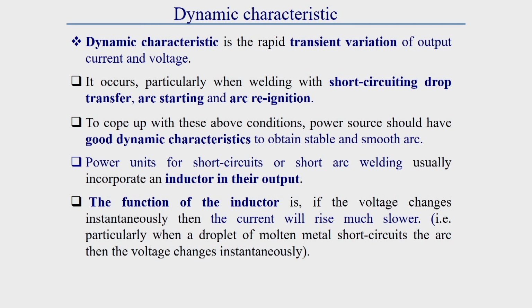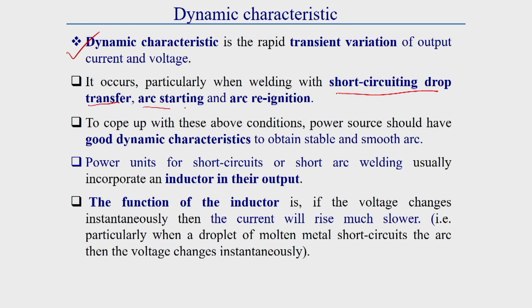But in the case of a dynamic characteristics power source, the current and voltage change rapidly. We observe a rapid transient variation of output current and voltage. These rapid changes occur in short circuiting drop transfer, where the drop transfer occurs due to short circuiting of the arc. There we observe these types of dynamic characteristics of the power source.